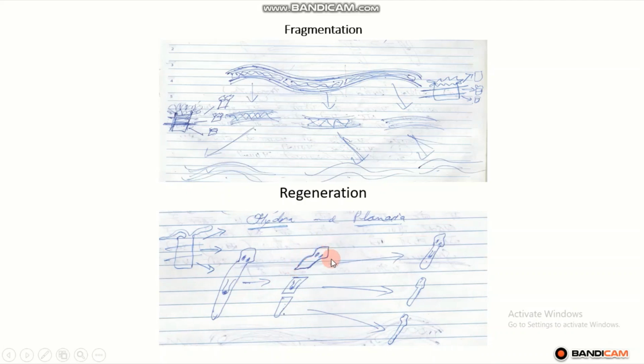This is the diagram of planaria. It is a platyhelminth. This is not an eye, it is just an eye spot only. Planaria does regeneration. When planaria is cut accidentally, then each part will become a complete planaria.